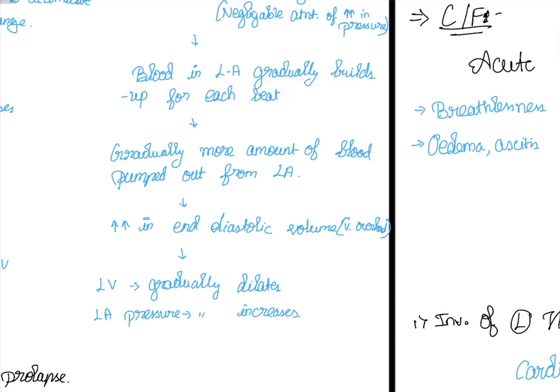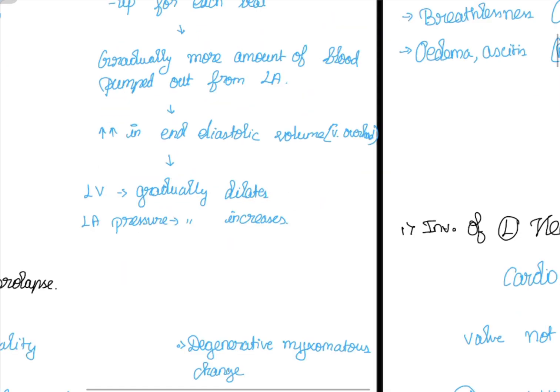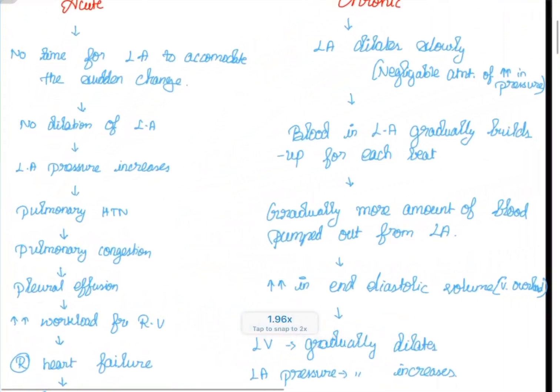So more blood is pumped out from the left atrium for each beat, which results in an increase in the diastolic volume of the left ventricle. This is known as volume overload, which results in gradual dilation of the left ventricle and gradual increase in the pressure of the left atrium. This is seen in the chronic condition.